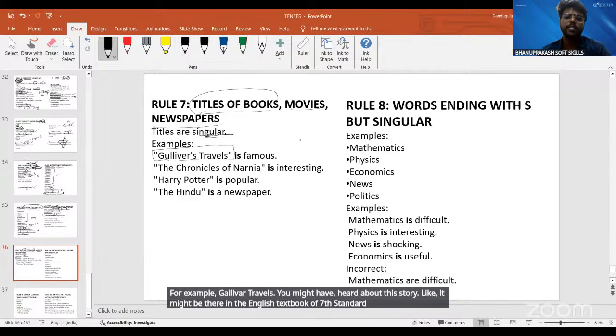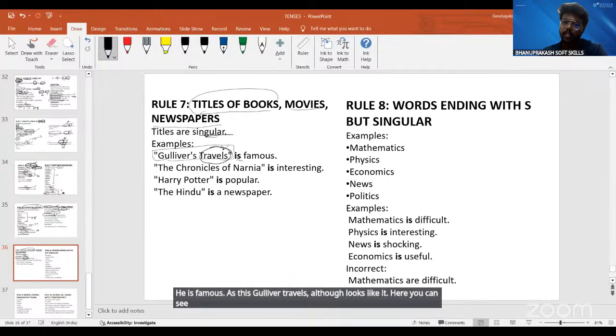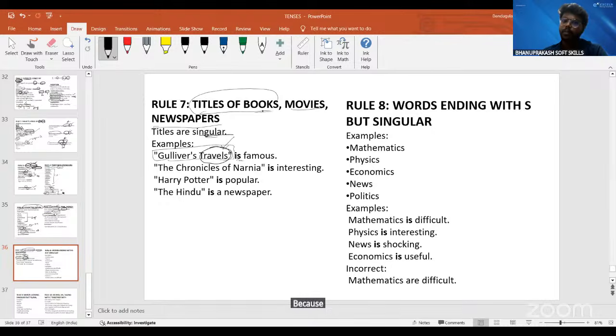Gulliver's Travels, although travels looks like a plural, is not plural because it is the title of a book. So is the correct verb form that we should use.